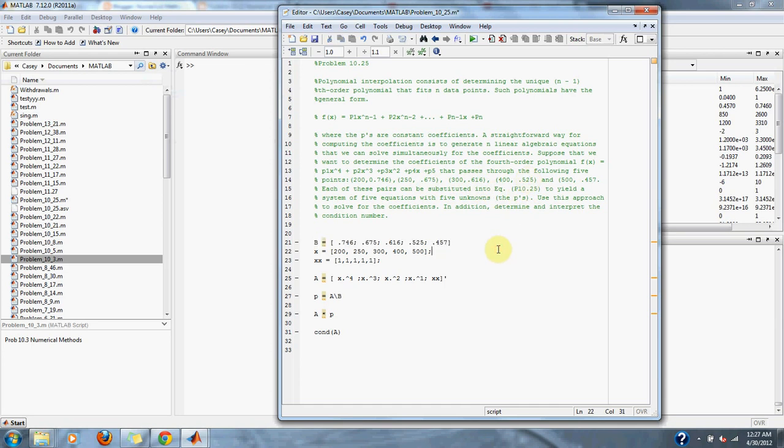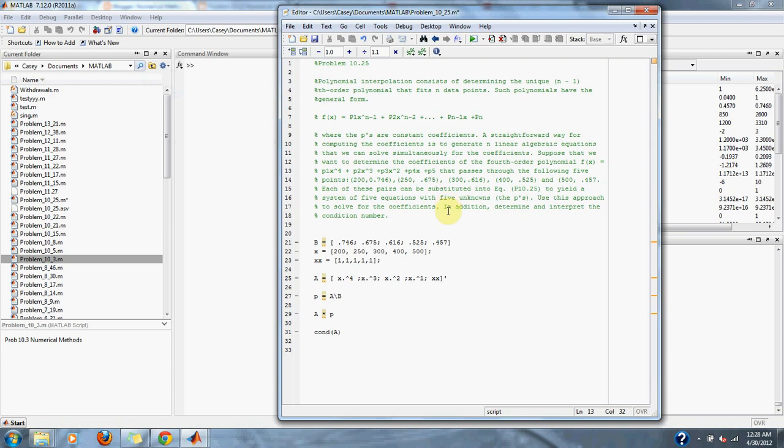And for our A matrix, we take the x values given to us and the value of 1, because p of 5 is not multiplied by an x value of any sort, so it's just multiplied by 1.